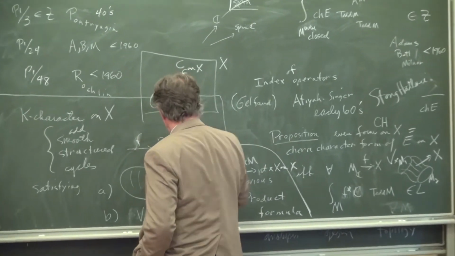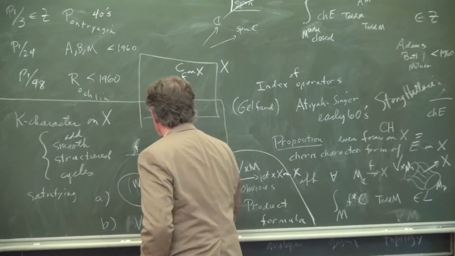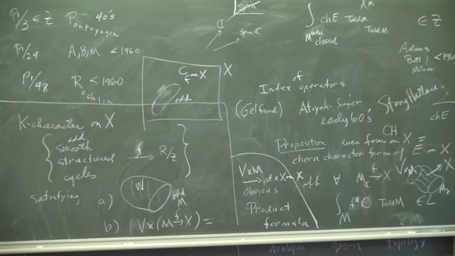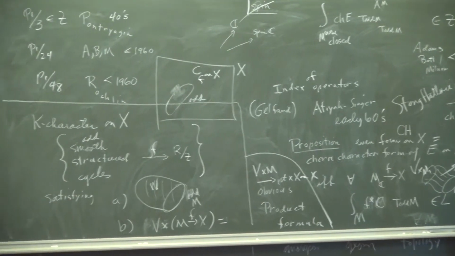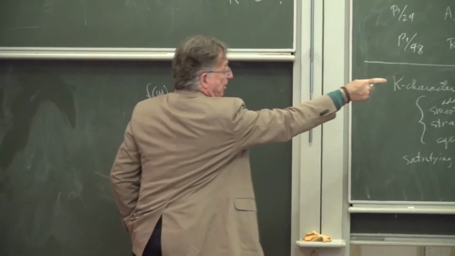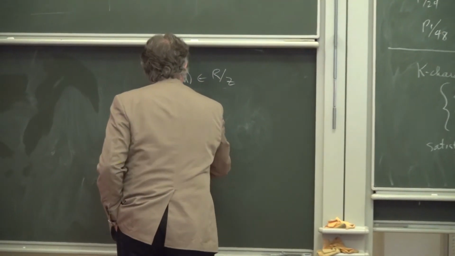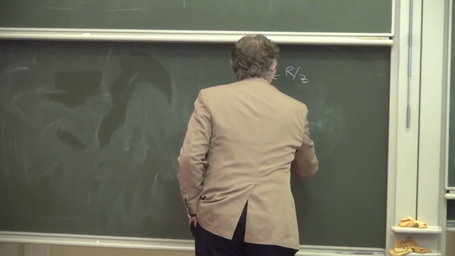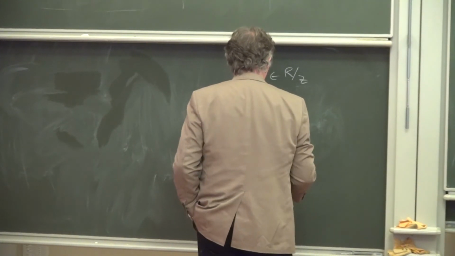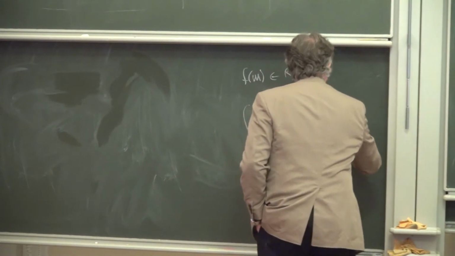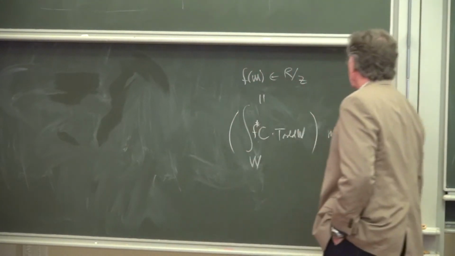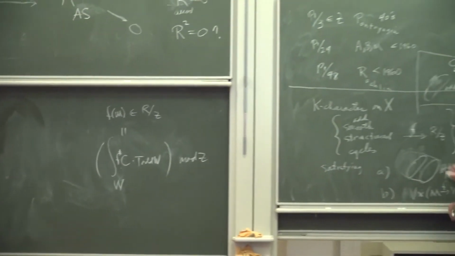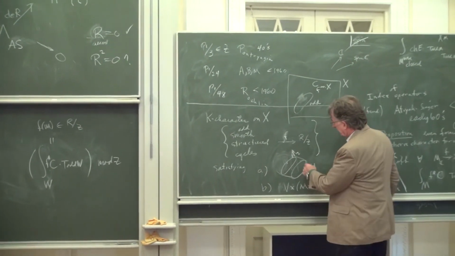let's call this odd M, W. So this first property says that f of M in R mod Z is equal to the integral over W of this characteristic form, C sub f, star of e, C, times Todd W, integrated over W mod Z. You could express this differently: if you had an M1 and an M2, you get two numbers.